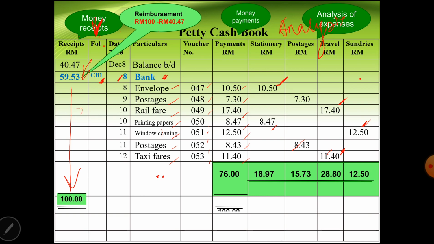Okay, then you copy to the right hand side the 100, and then you work backward. You minus the 76 ringgit, then you get 24. So this is how you do the closing. It's not finished yet. Okay, then you have to bring down the 24 to the next week, or rather next month.